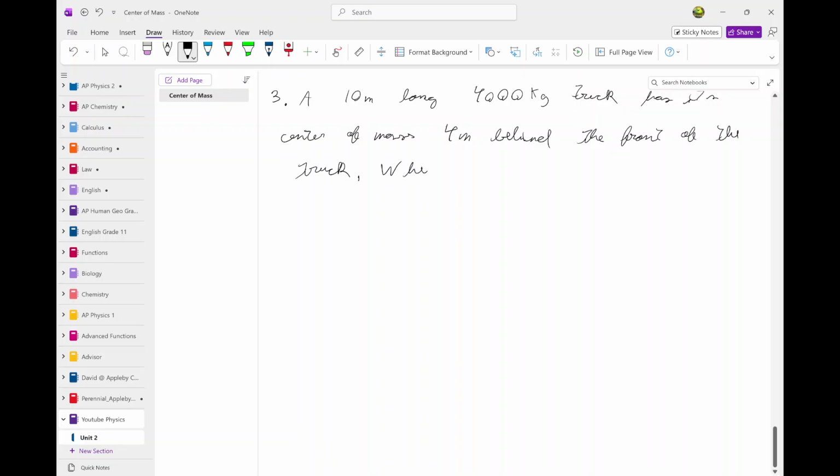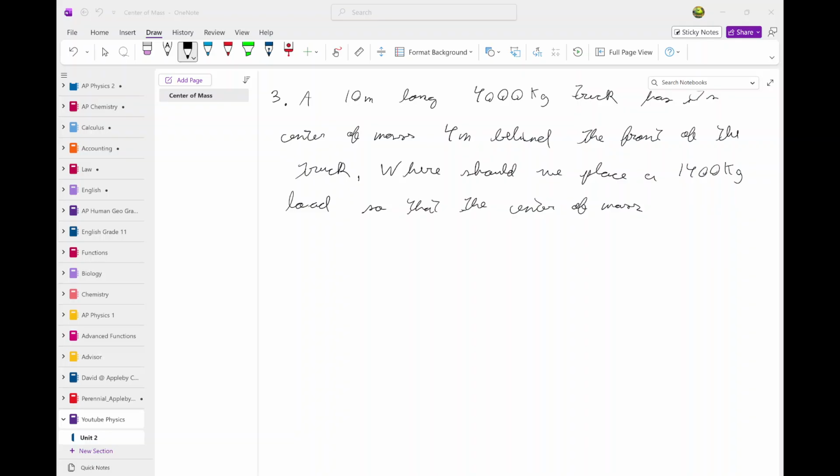And then we are asked, where should we place a 1,400 kilogram load so that the center of mass be right in the middle of the truck.